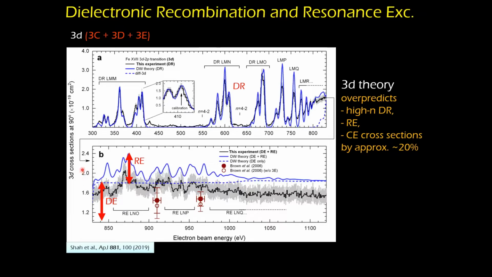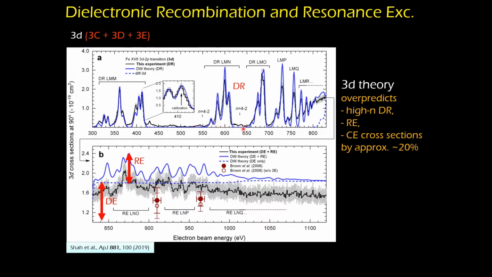So what you see here are the dielectronic recombination resonances from line 3C. You see the cross sections on the y-axis, and this is the electron beam energy axis. So you see different resonances from dielectronic recombination, and the blue curve is the distorted wave calculations from the Flexible Atomic Code.